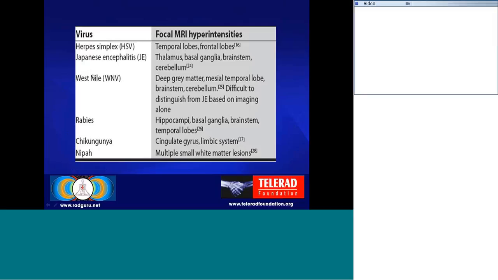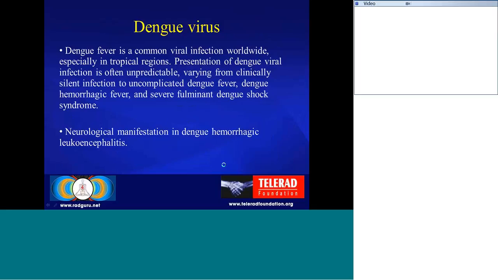Japanese encephalitis, West Nile virus, they are all Flavivirus, RNA type of virus, which involve the basal ganglia, thalamus, brainstem, and cerebellum. The West Nile virus involves the deep gray matter, mesial temporal lobe, brainstem, cerebellum. The rabies virus, which is common in the Indian context, also involves the basal ganglia, brainstem, and temporal lobes. The chikungunya virus, cingulate gyrus, and limbic system.